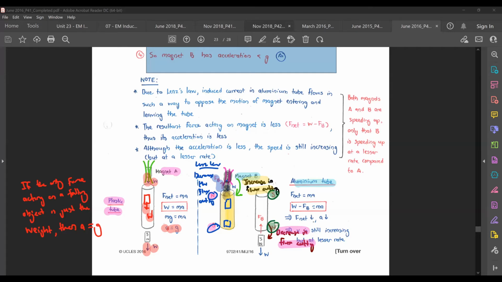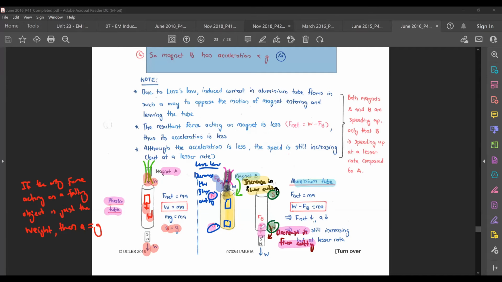You see, when this is north and this is south, this north and this south attract. So the magnet will experience a magnetic force trying to pull it back in. It's trying to make the decrease in flux cutting become less. Because now my EMF is produced due to a decrease in flux cutting, you're trying to prevent it from decreasing. So you're trying to increase it back.